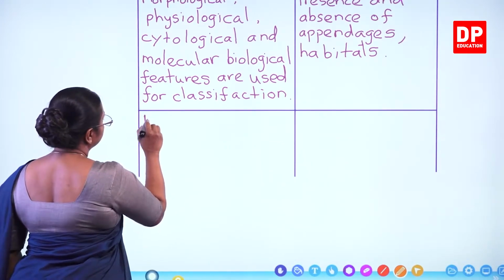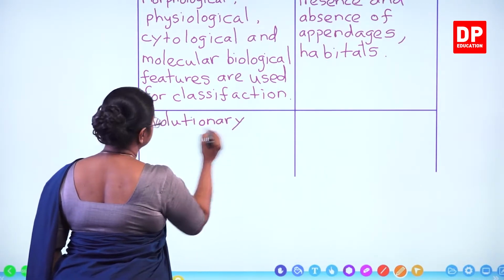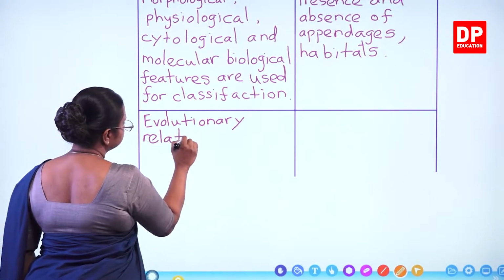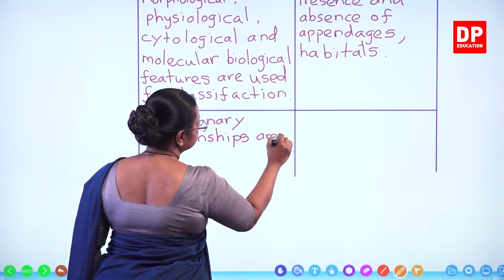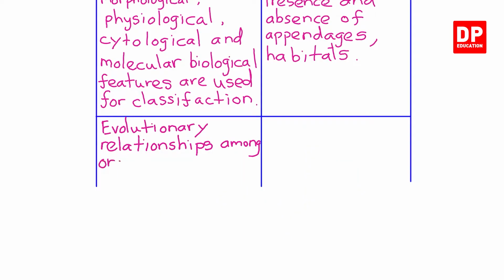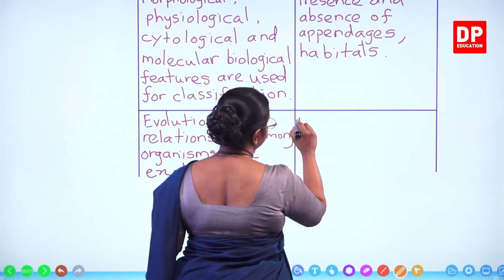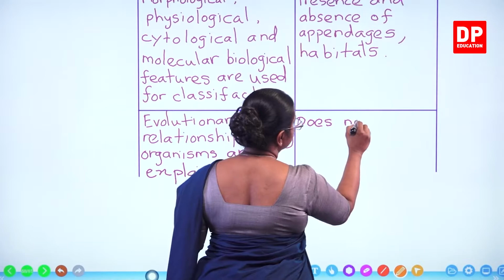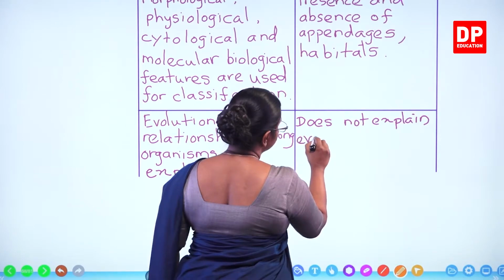Whereas artificial classification does not explain evolutionary relationships.